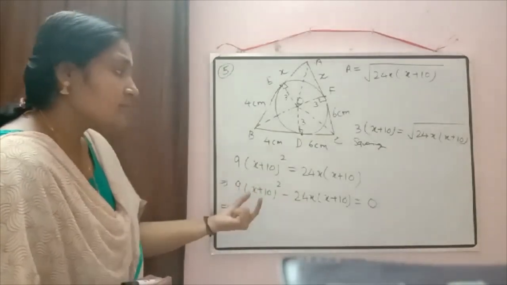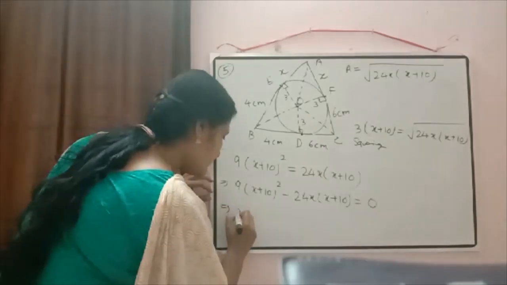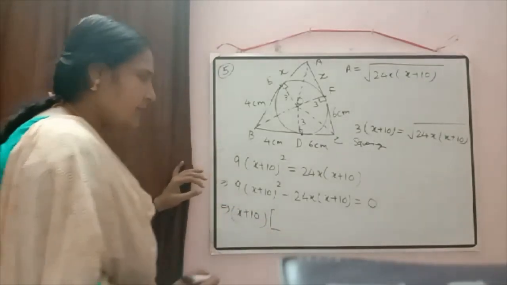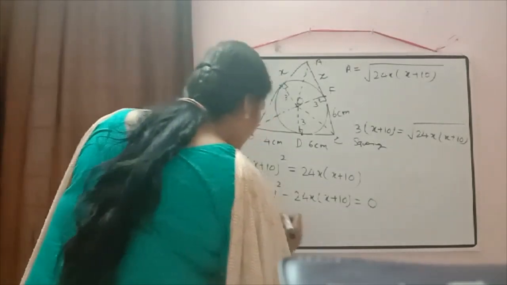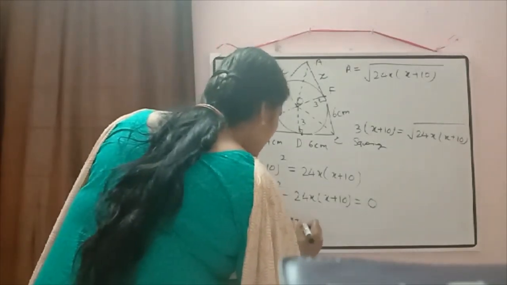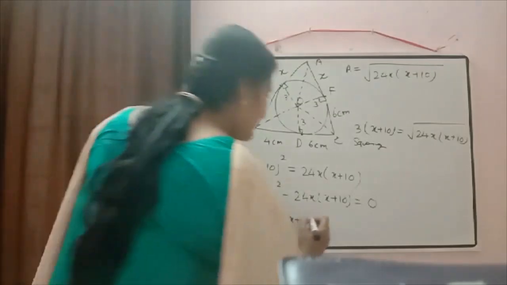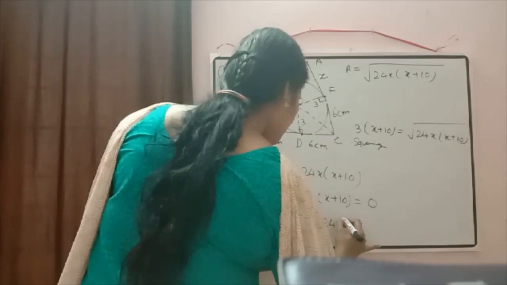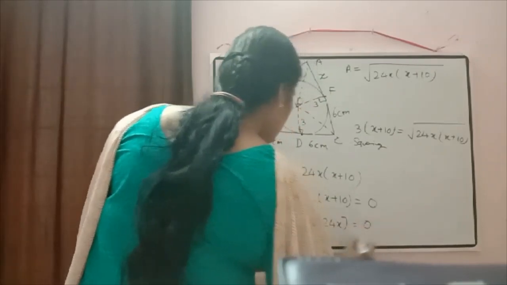Yes, x plus 10 is common in these two terms. Take it outside. What will be remaining in the bracket? 9 into x plus 10 will remain, then minus 24x is remaining. Is equal to 0.